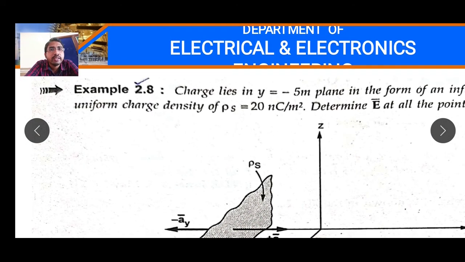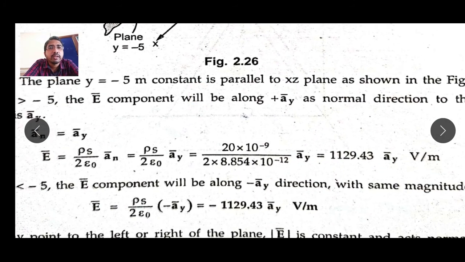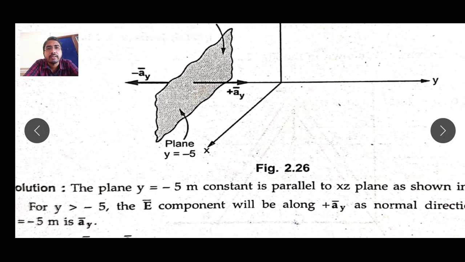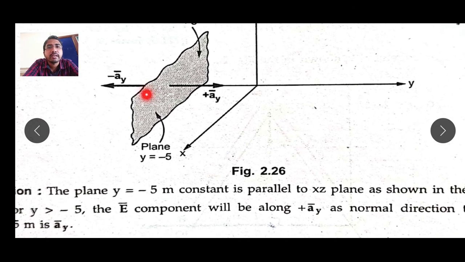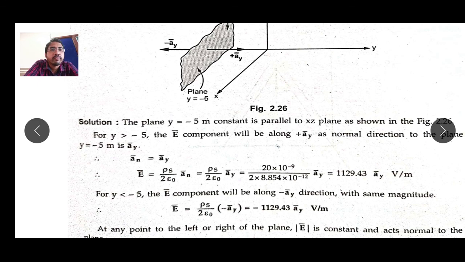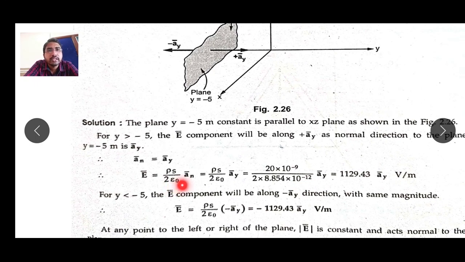Rho s value is 20 nanocoulombs per meter square. Epsilon naught, you know that value. And the unit vector that is perpendicular to this is aY, aY in this direction and minus aY in this direction. So you can find on both sides, no problem. On substituting them, you will get the value of electric field intensity due to an infinite sheet of charge.